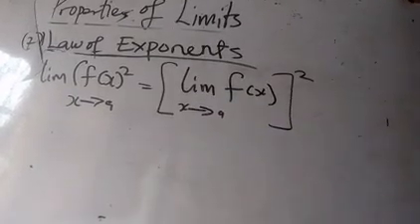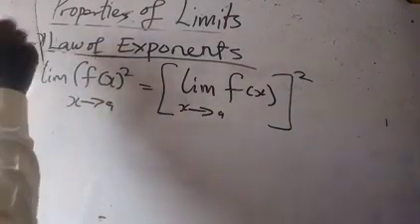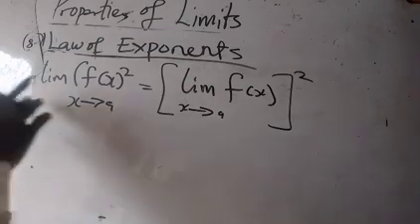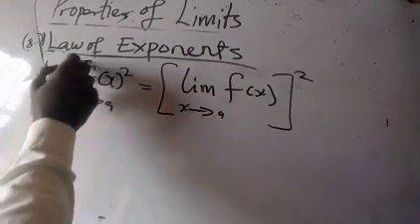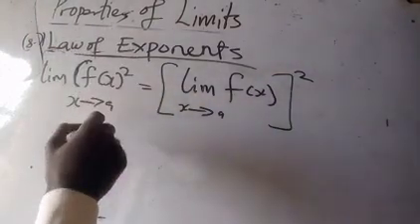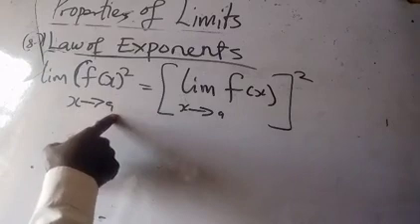The last law that we'll be talking about here today, which is the 8th one, that's law of exponent. What is the limit of f of x squared as x gets close to a?